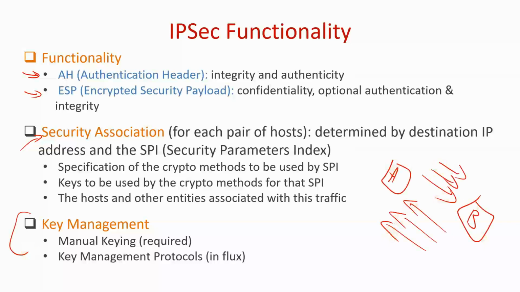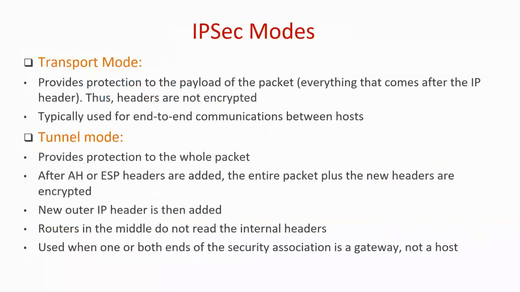Because each security association will only use one of the two protocols, either AH or ESP. That means that a security association is either going to support only integrity and authenticity, or is going to support only confidentiality with an additional option of integrity and authenticity. If you want to have both, then you may want to have more than one security association, and we will discuss this issue in a little bit throughout the lecture.